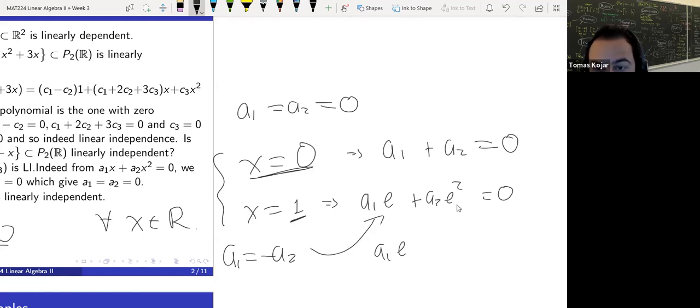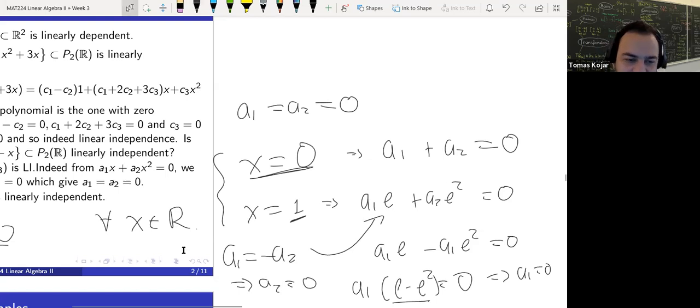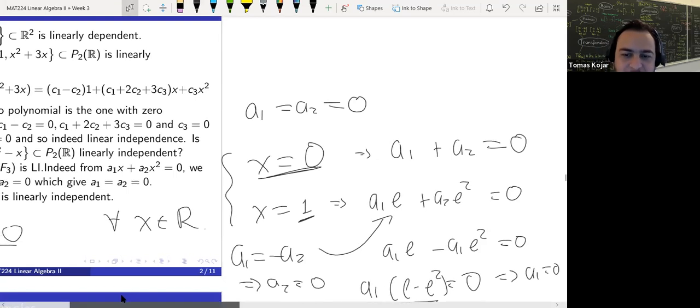So you have a1 e minus a1 e squared, and then you just factor out e minus e squared. But this is not 0. So you get a1 is 0. So from here you get a2 is 0. So it didn't really matter. Yeah, any number of x would have worked. You just need to pick two different values.